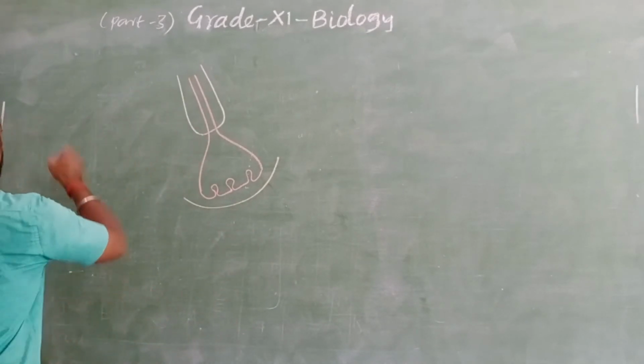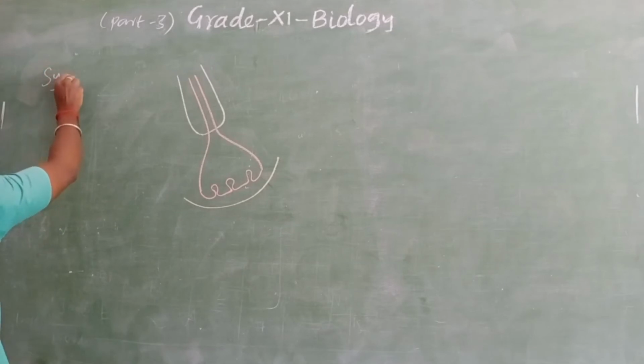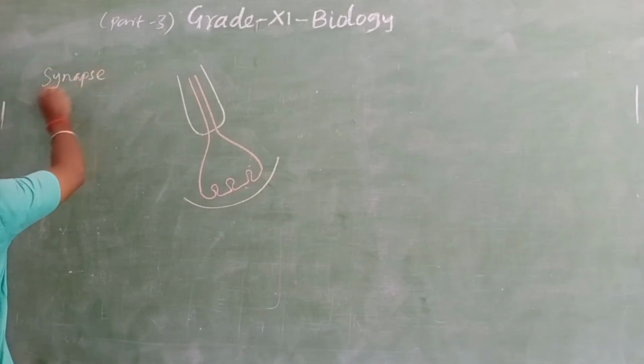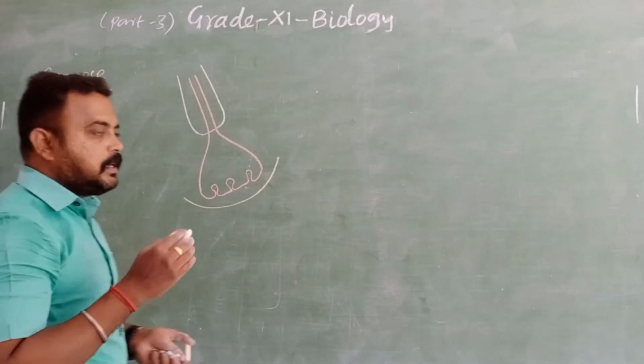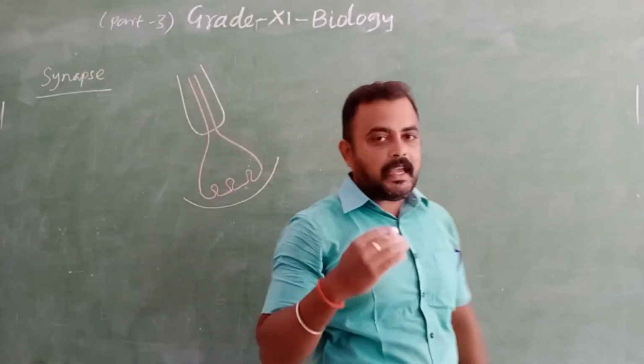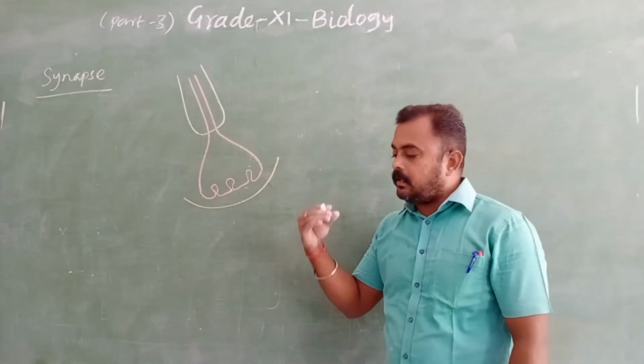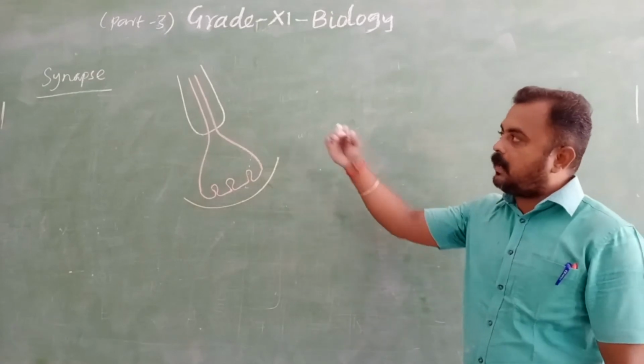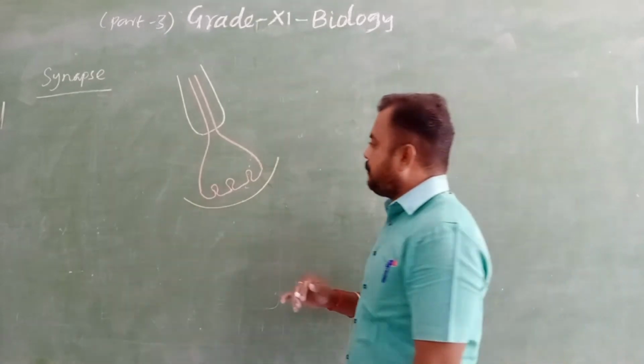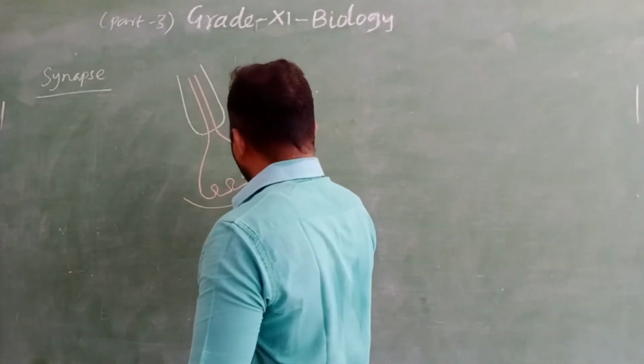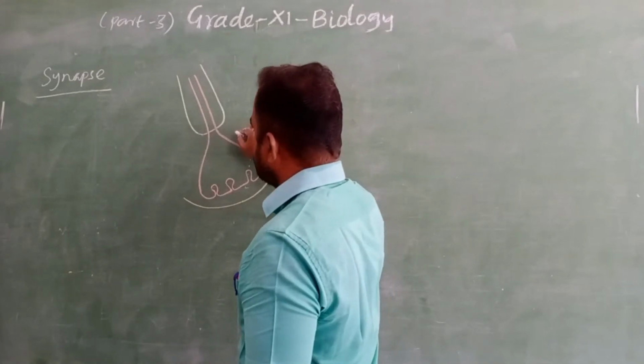The name is what? Synapse. So the synapse is the binding area. In between one neuron and another neuron we have the synapse. Okay. So here we have this axon terminal.